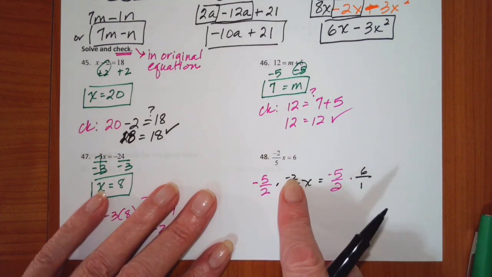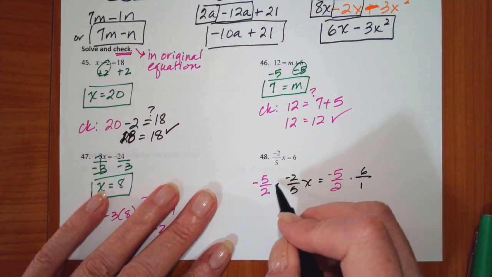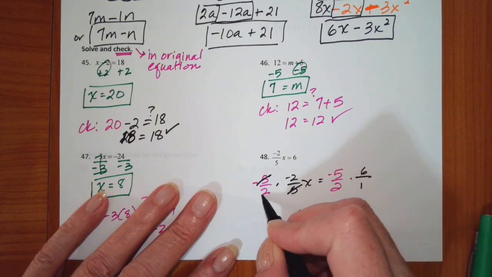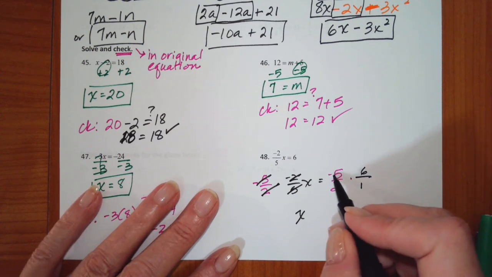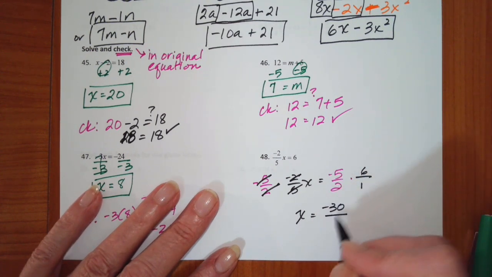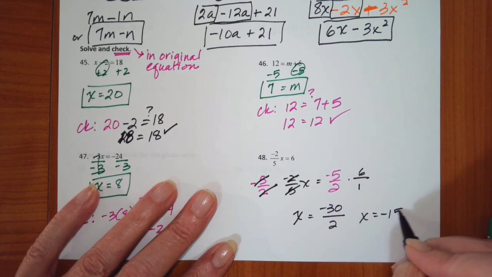Okay, so negative times negative gives me 10 over 10, so this reduces to 1, so I'm left with x. All of this reduces to 1. Negative 5 times 6 is negative 30. 2 times 1 is 2. So x is negative 15.